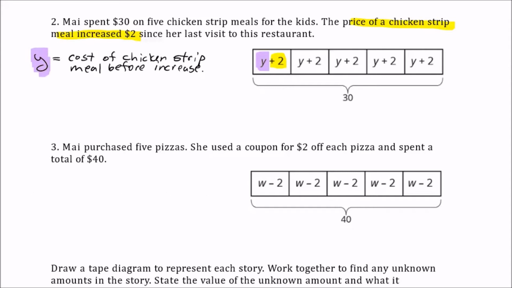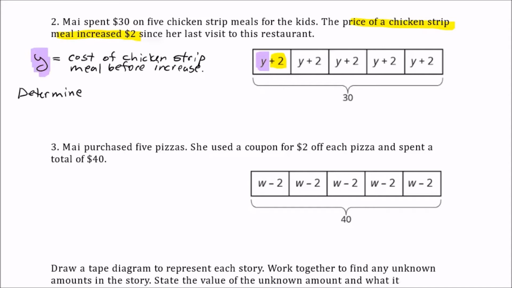So it increased by $2, and then she bought 5 of them for a grand total of $30. So I'm not going to do this in this video, but I would like you to show your work here and describe how you're problem solving and figuring out the value of y. All right, so determine the value of y.